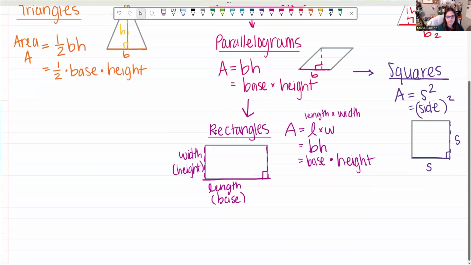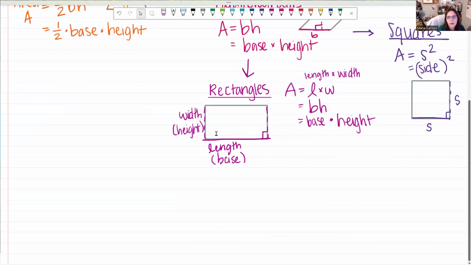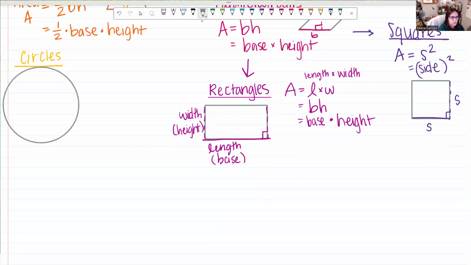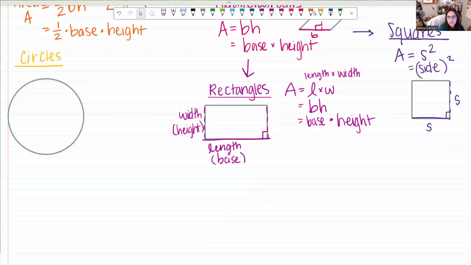Okay. The other type of shape that I want to talk about are circles. So circles are always defined based on their center and radius. So let's just actually draw a circle first. Here's my circle. I'm going to move it down just a little bit. And here's the center.